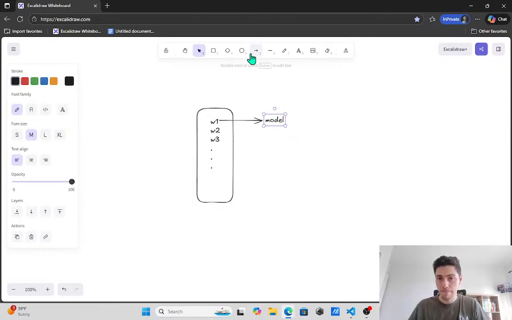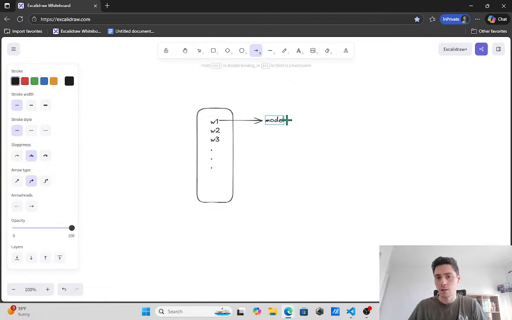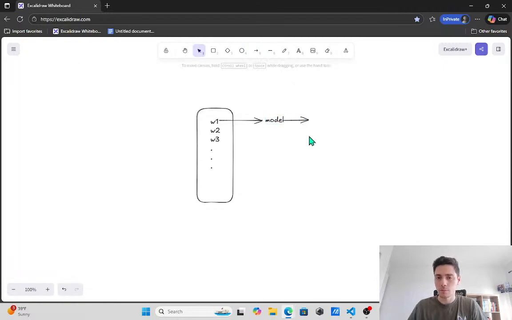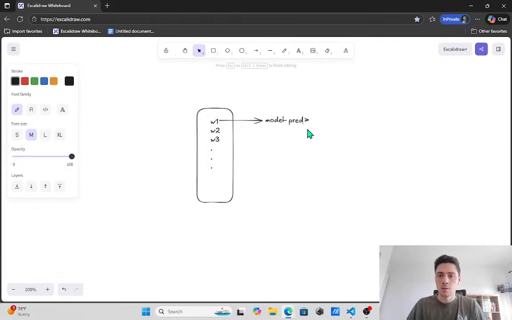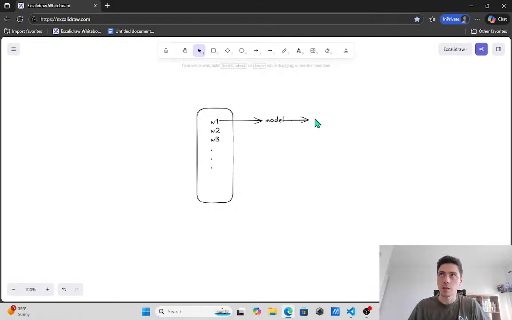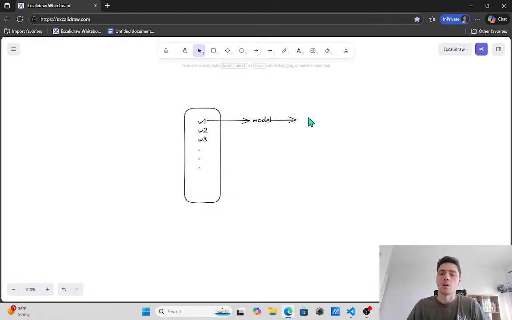The model creates a prediction, and we get a loss.